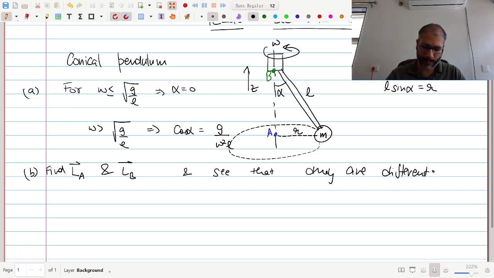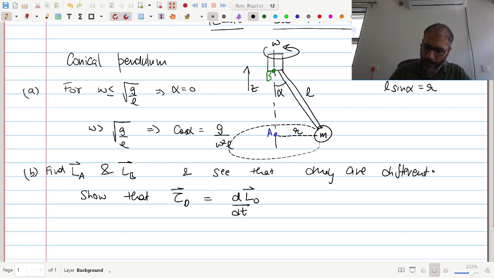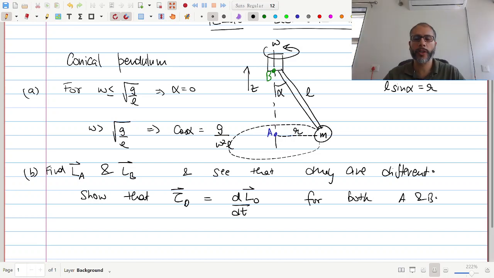And the second part of part B is to show that the relation tau about any fixed point O, that is torque, is equal to the rate of change of angular momentum about that fixed point, for both cases, for both A and B. So this is part B of the problem.